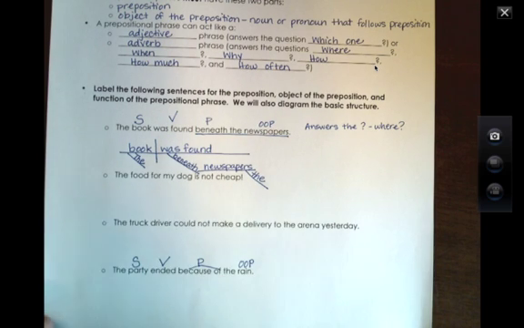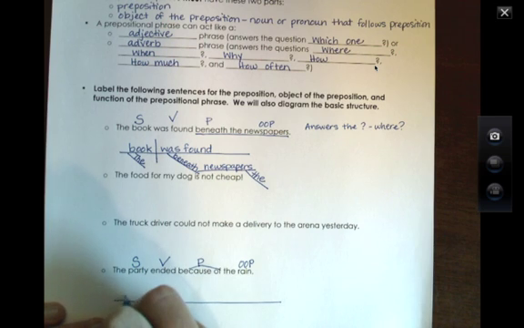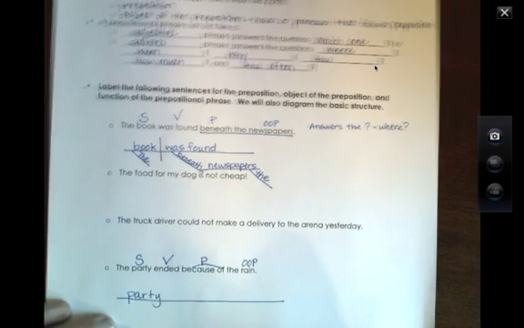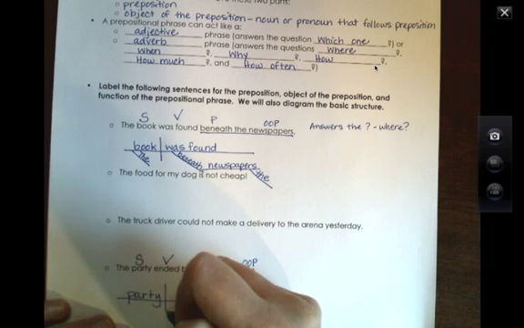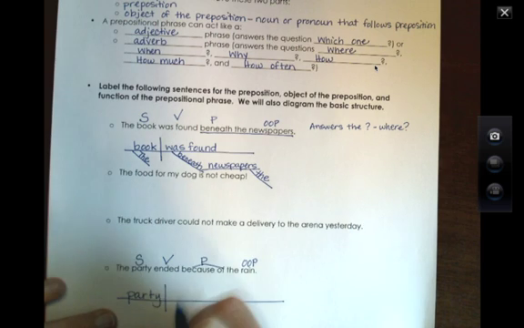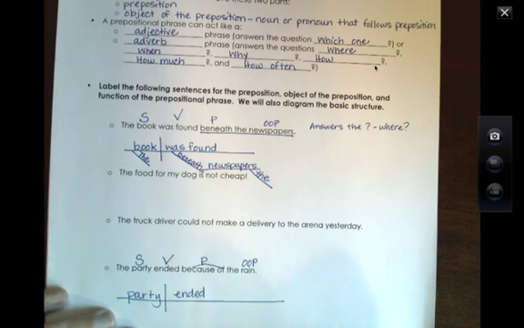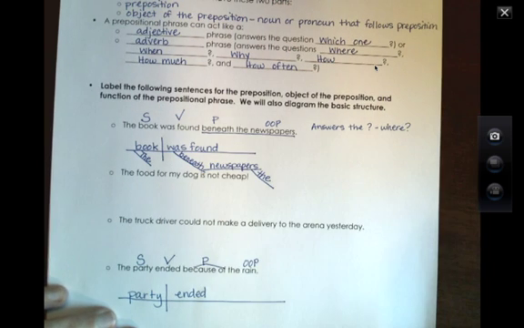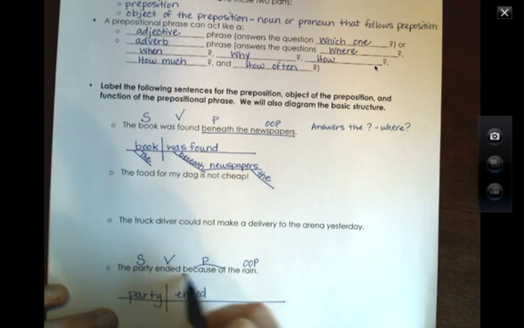So let's go ahead, let's draw our baseline. Let's put our subject, party. Draw our vertical line through the baseline, indicating that our verb is coming next, which is ended. So let's think about this prepositional phrase here.